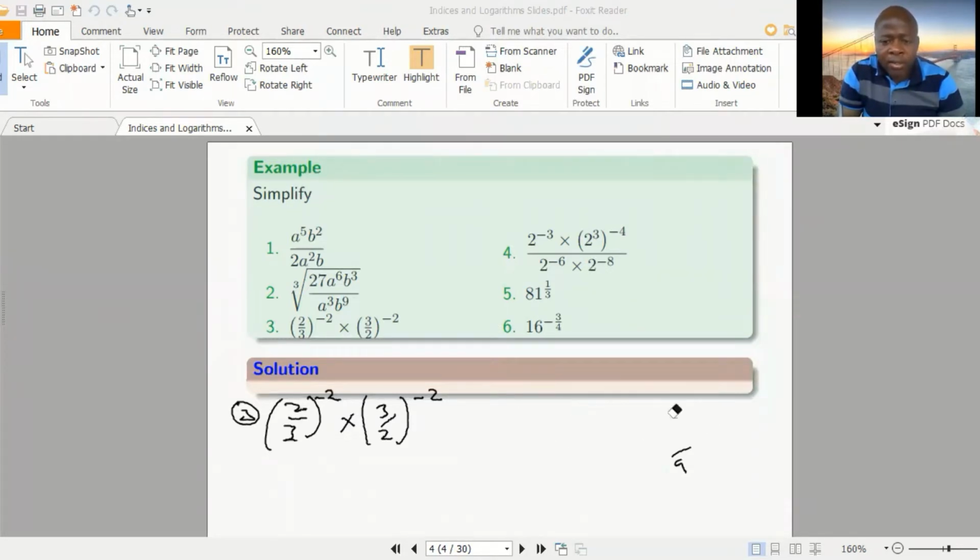I want to write these indices as positive. That's where I want to begin from. But this will just be 1 out of 2 out of 3 squared times 1 out of 3 out of 2 squared.